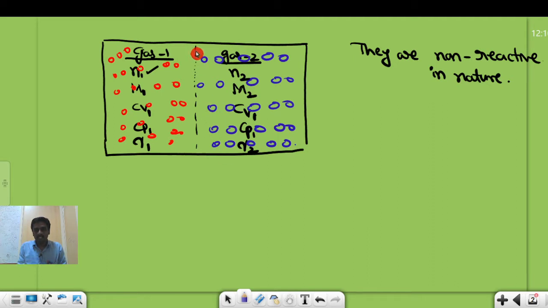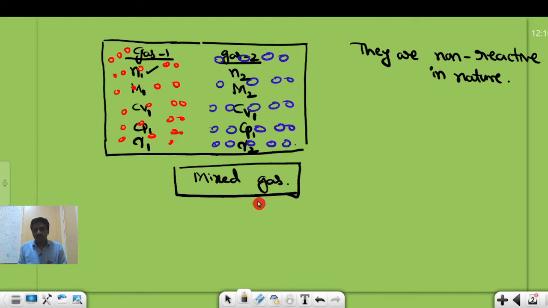As we perform the experiment, the layer is removed and the two gases mix together, making a single mixed gas. Now let us assume how many moles are available.